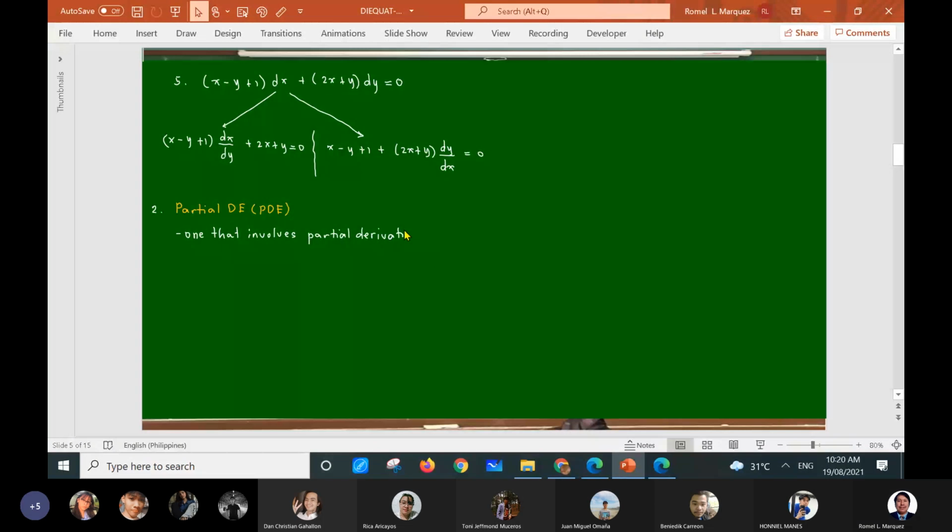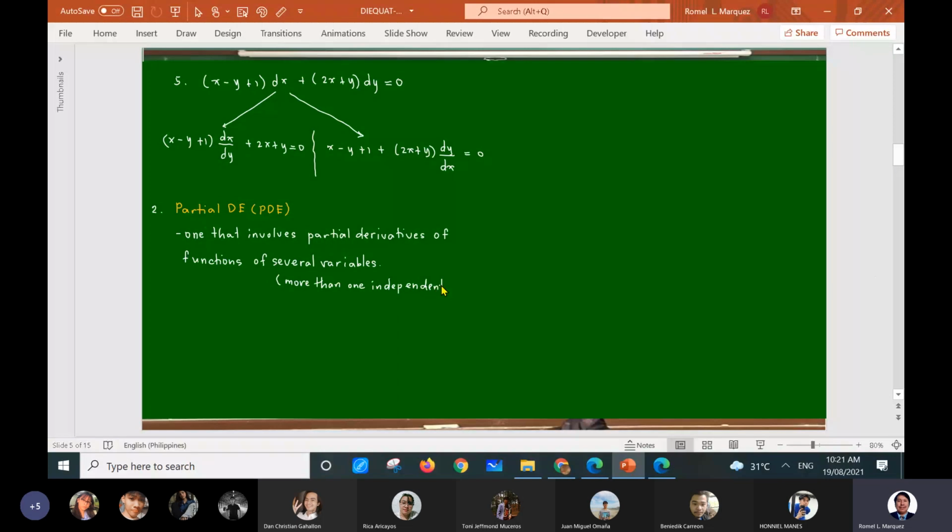A partial differential equation involves partial derivatives of functions of several variables, with respect to more than one variable, meaning more than one independent variable.